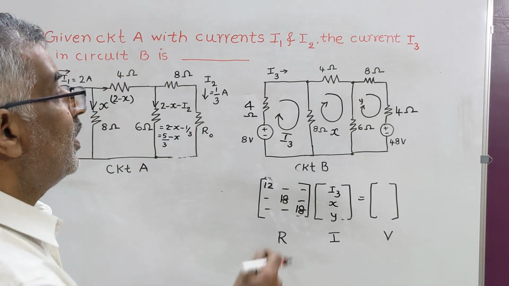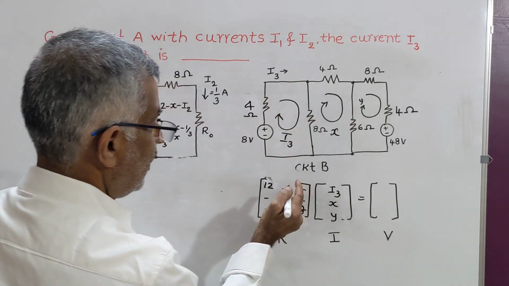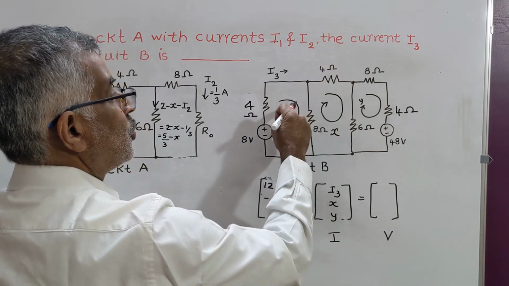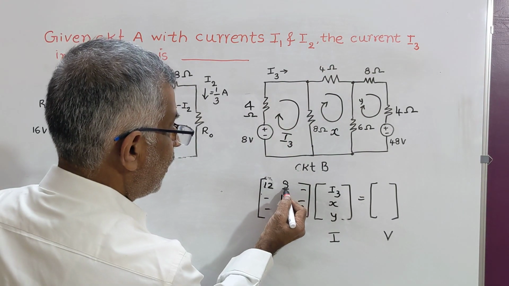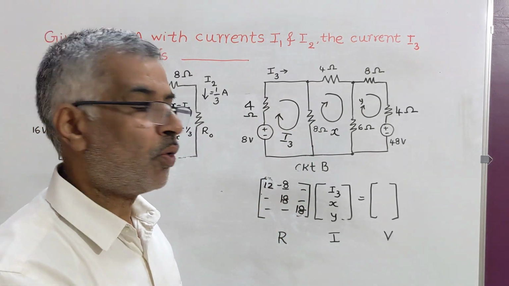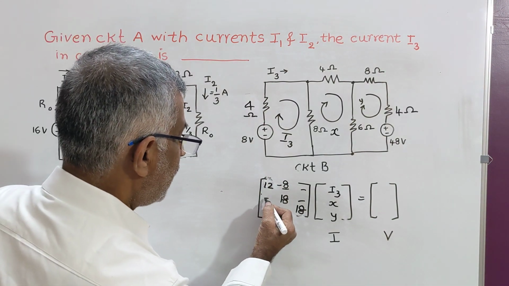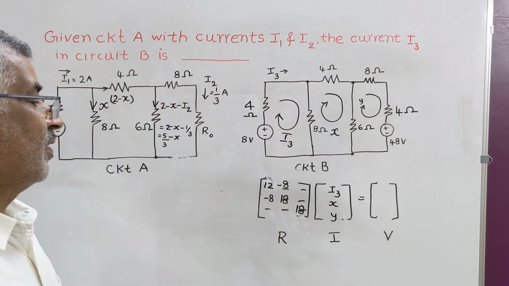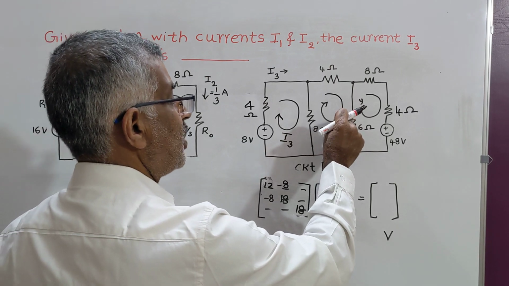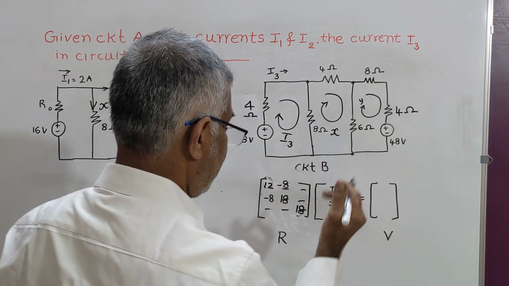18. Next, resistance common to mesh I3 and mesh X. This one is common to these two meshes, and it is 8. I will take it with a minus sign. I will explain why I took this with a minus sign. Here also I will write minus 8. Next, resistance common to mesh 2 and mesh 3 is 6.